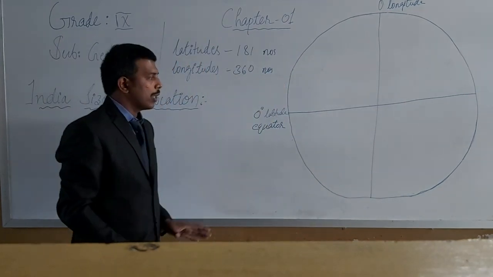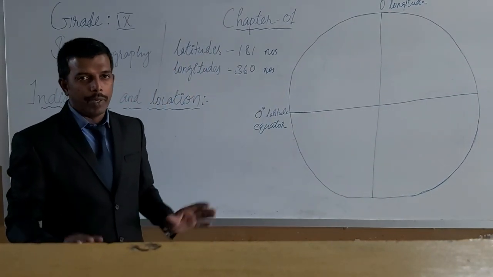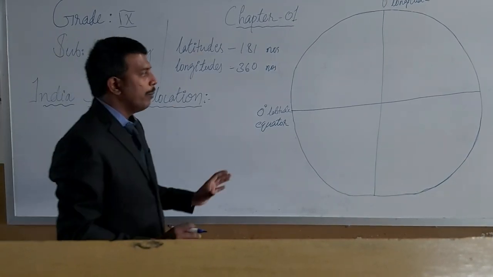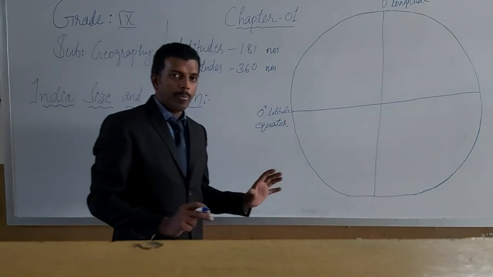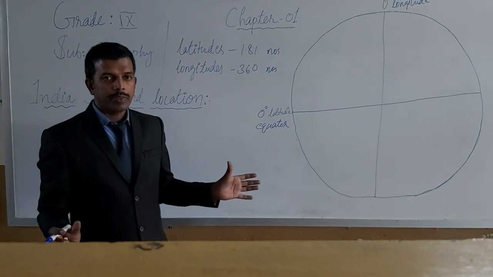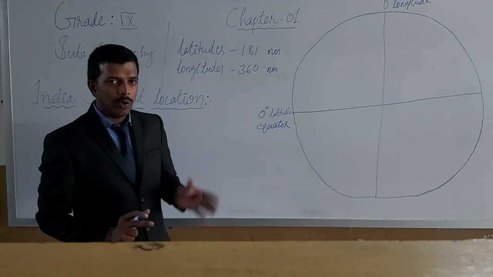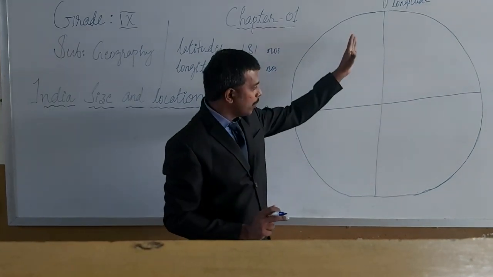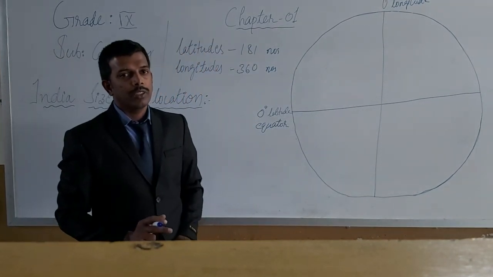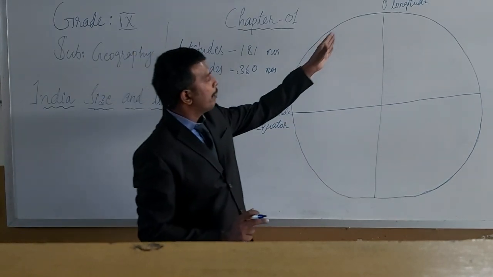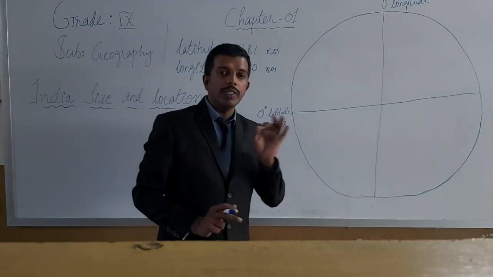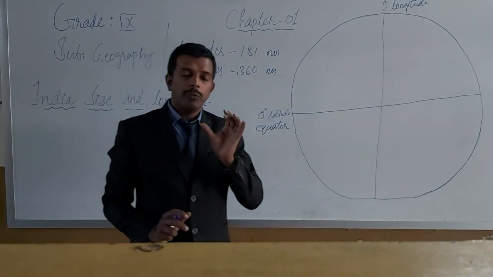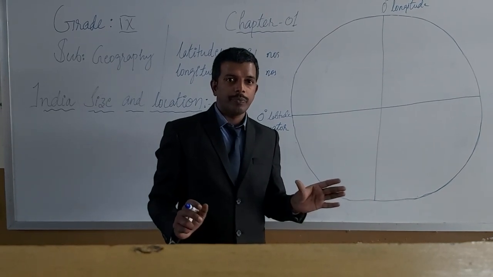The name given for 0-degree longitude is prime meridian or time meridian. It is called the time meridian because all over the world, the time is calculated on the basis of this prime meridian. It is passing through Greenwich in London. Remember, the prime meridian passing through Greenwich in London is taken as the time meridian for all over the world.